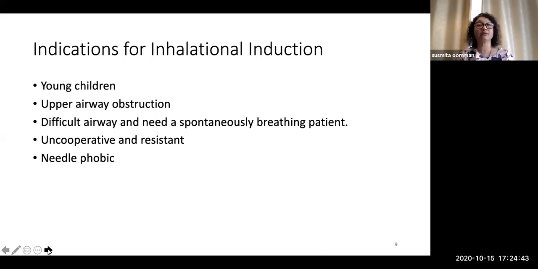Mainly in young children, who are not going to let you put a cannula in their hand. It is always going to be a struggle, and you have to anesthetize young children, be it for a tonsillectomy, or maybe for circumcision or any such procedures. So what you would do is use an induction agent that is breathed in.